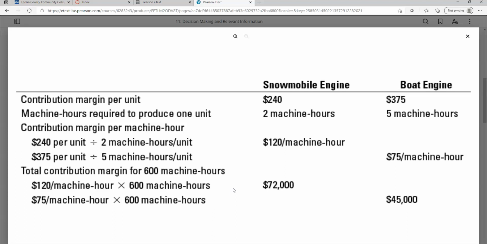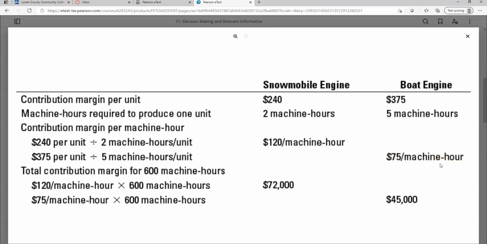The contribution margin per unit of the machine hour for the snowmobile engine, when I take that $240 and divide it by 2 machine hours, I'm going to get $120 per machine hour by producing snowmobile engines. If I produce a boat engine, yeah, I have contribution margin of $375 per unit, but if it takes me 5 machine hours to make each boat engine, then I'm only generating contribution margin of $75 per machine hour.